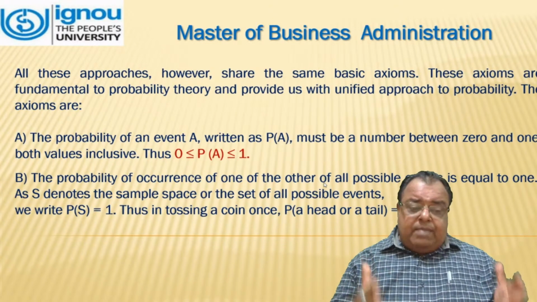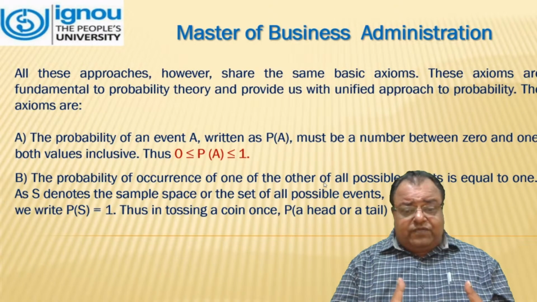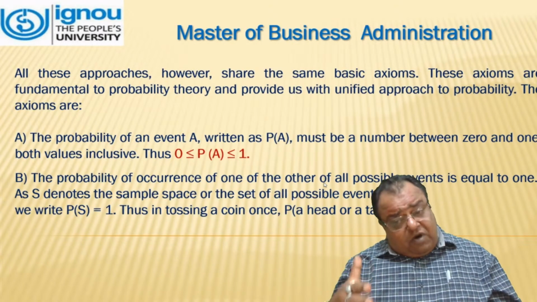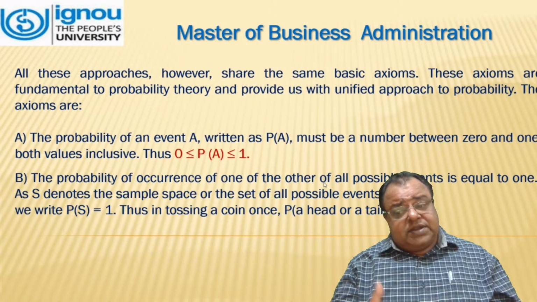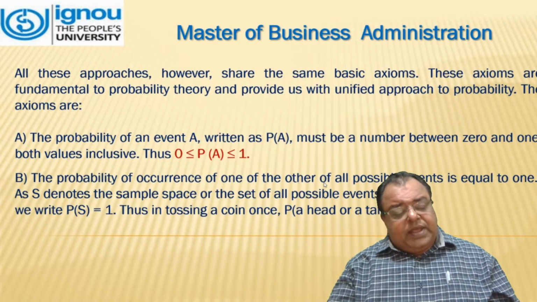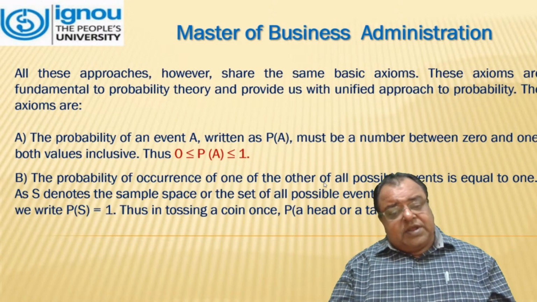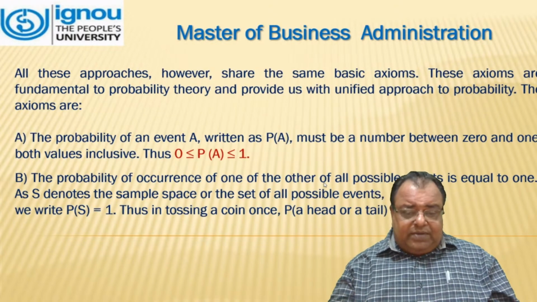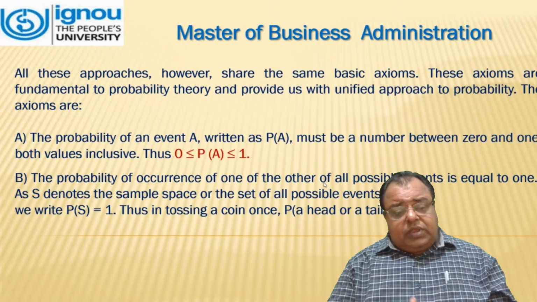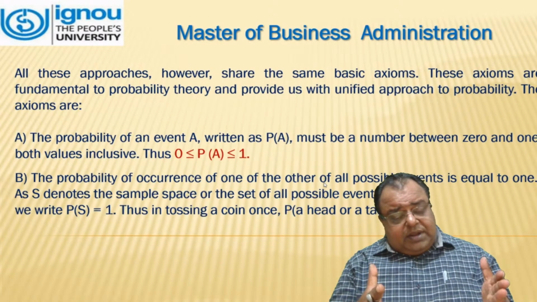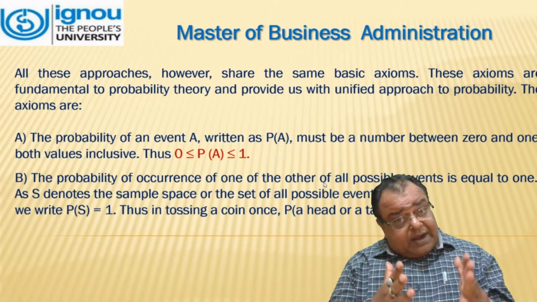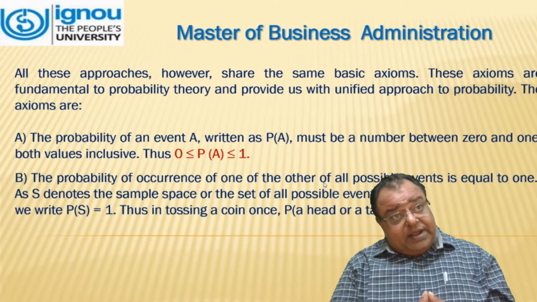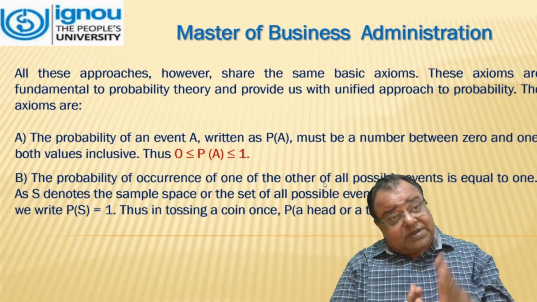The second one is that the probability of occurrence of one or the other of all possible events is equal to 1. If S denotes the sample space, the set of possible events, we write P(S) is equal to 1. That means the summation of getting a tail or a head, 1 by 2 plus 1 by 2, is 1.